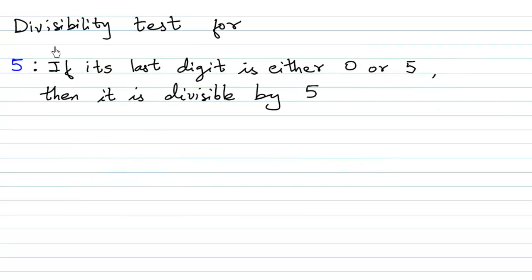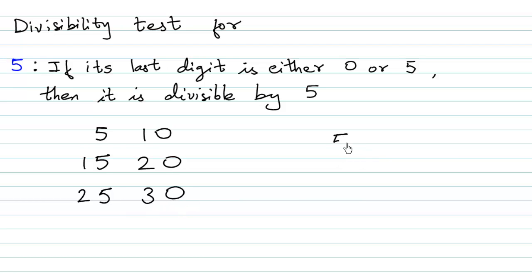In order to find whether a number is divisible by 5 or not, its last digit should be either 0 or 5. That means 5 ones are 5, 5 twos are 10, 5 threes are 15, 5 fours are 20, 5 fives are 25, 5 sixes are 30, and so on.